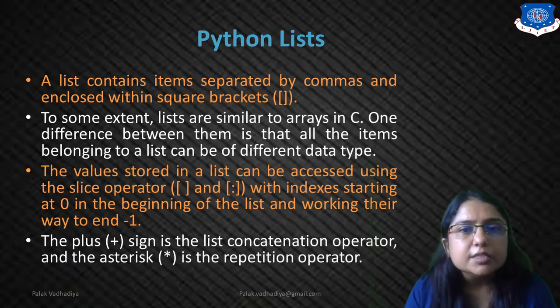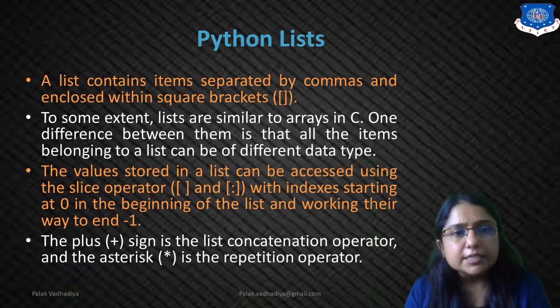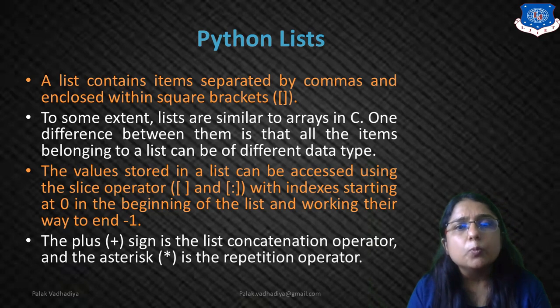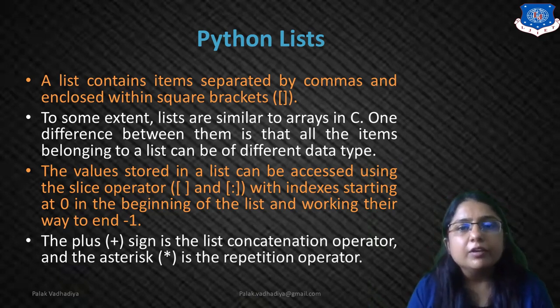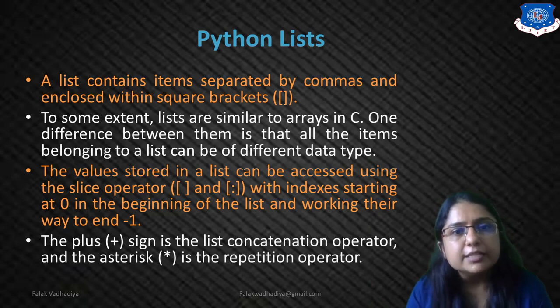Now next is the Python list. A list contains items separated by commas and enclosed within square brackets. So whenever you want to define any list, at that time you have to use the square brackets. To some extent lists are similar to arrays in C. You know C very well. So in C, the way you introduce arrays, the same here is your list.